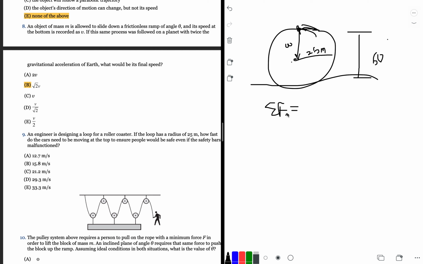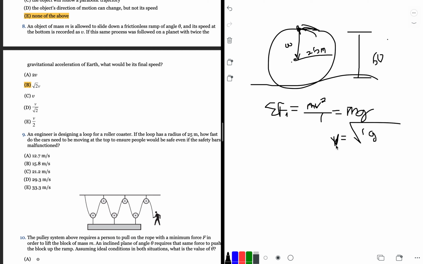You get v equals the square root of rg. So the answer is B. It's around 15.66. I guess they use g equals approximately 10.